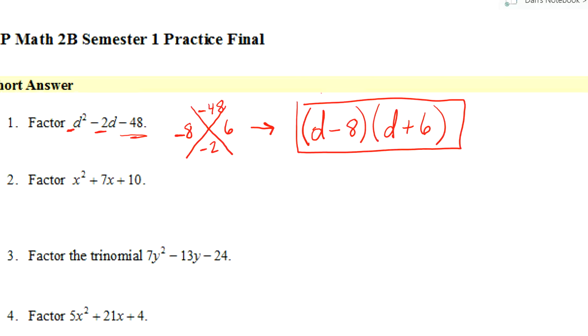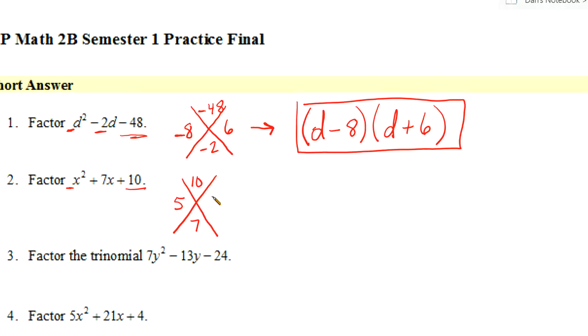Same idea on number 2. On number 2 here, we have a coefficient of 1 on the x squared, so I can go right to my diamond problem. My 10 on top, 7 on the bottom. What two numbers multiply to 10 and add to 7?